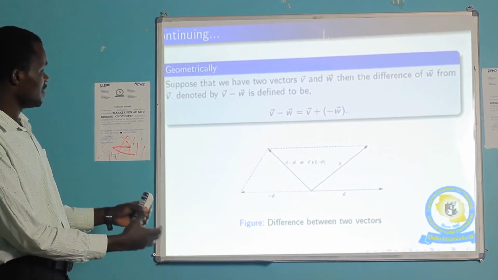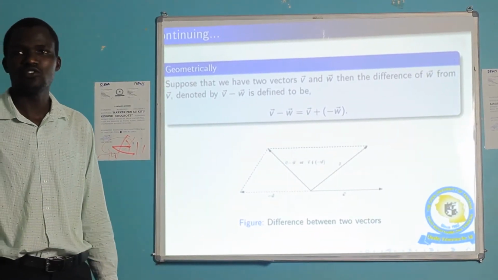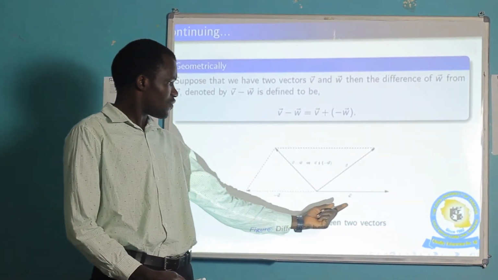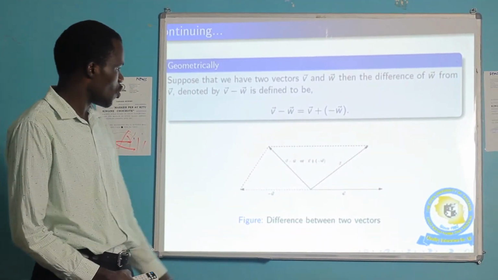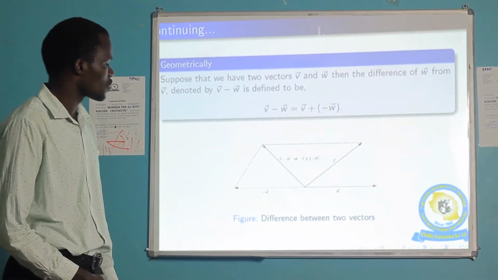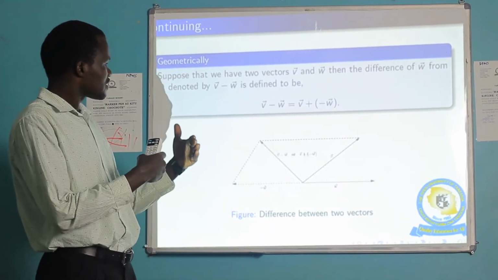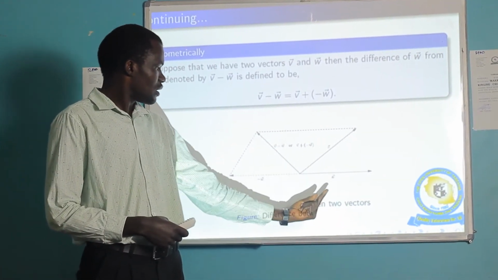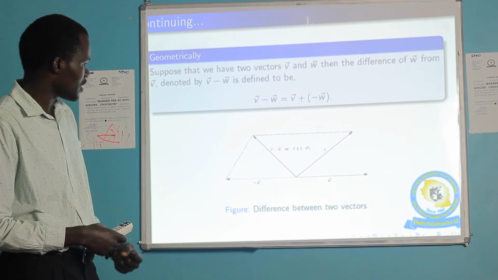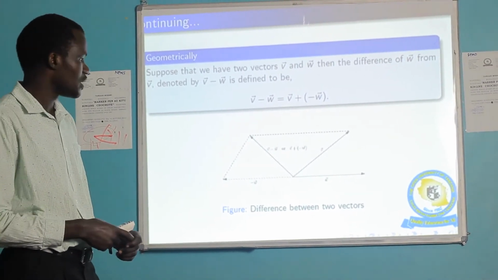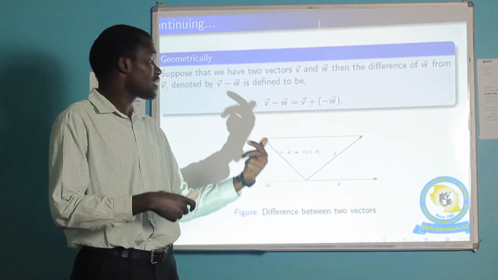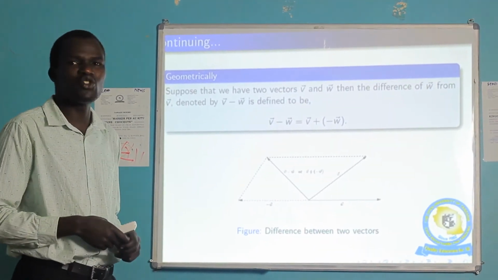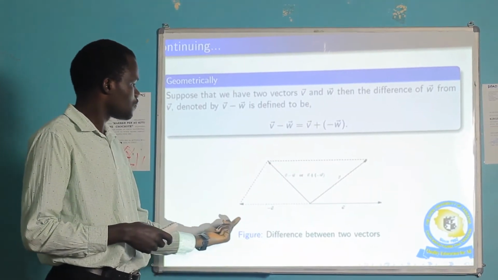Okay, this is how it looks geometrically. If you have, let's say, this vector U and this vector V. If you subtract these two vectors, it means you are taking V take away vector U. It's like taking vector V plus the negative vector U, which is this one.